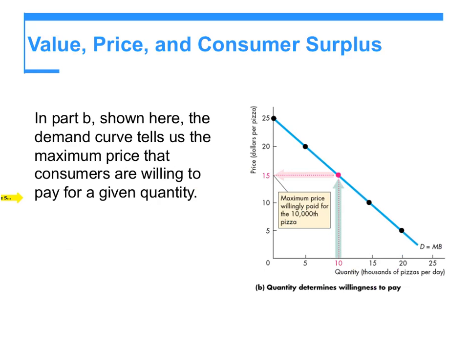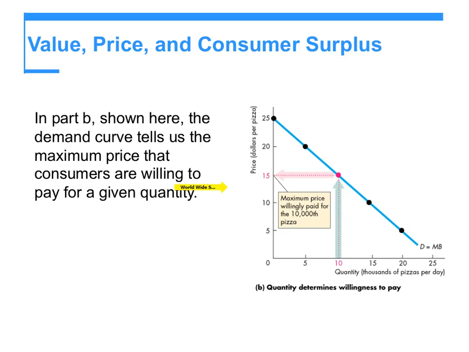The maximum price that you're willing to pay for the quantity is equivalent to the quantity that you're willing to buy at a certain price. So we can explain this linear curve in two different ways. You can say the maximum price you're willing to pay for a certain quantity, or the quantity you're willing to buy at a certain price.